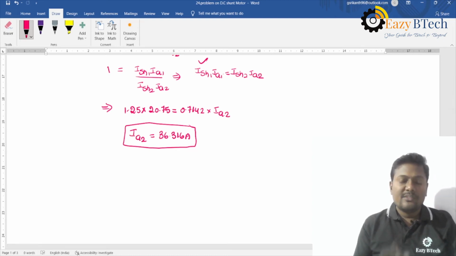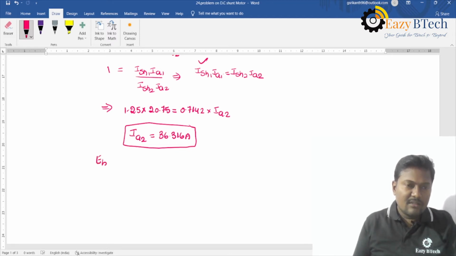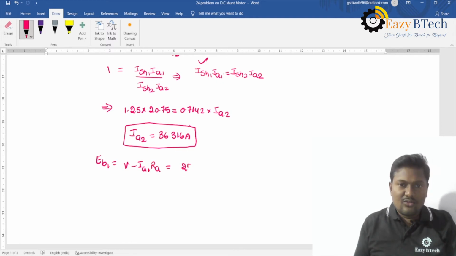What is mentioned means the load torque is constant. Torque is directly proportional to flux into Ia. Then with this, find out EB1 and EB2. So V minus Ia1 into RA: V is 250 minus 20.75 into the armature resistance 0.3.